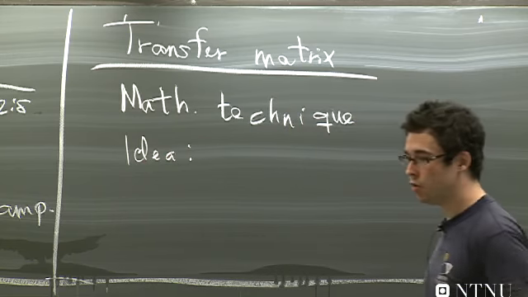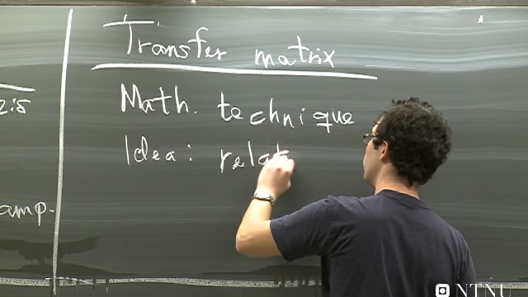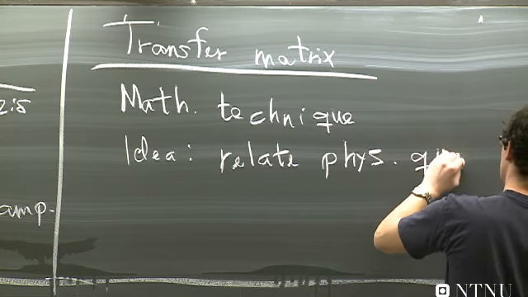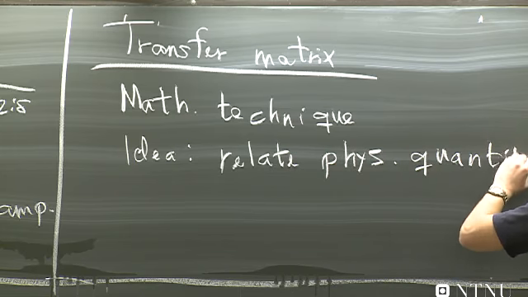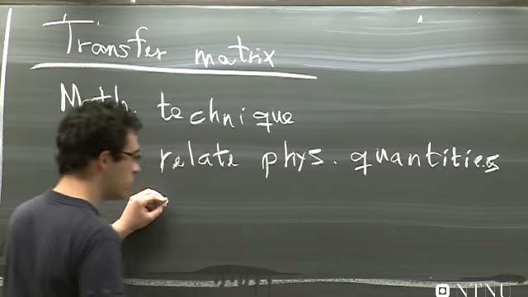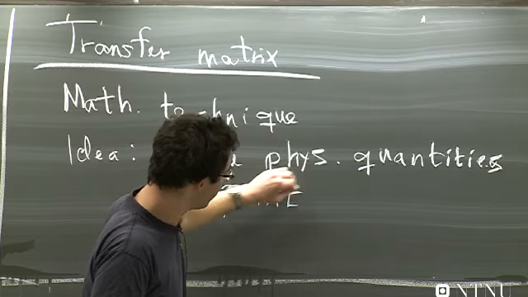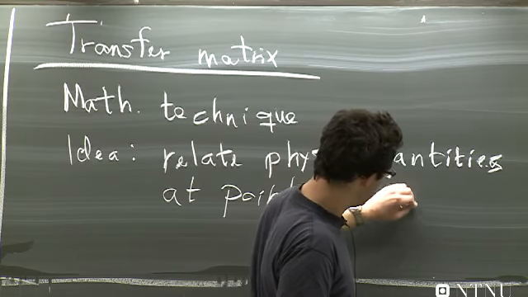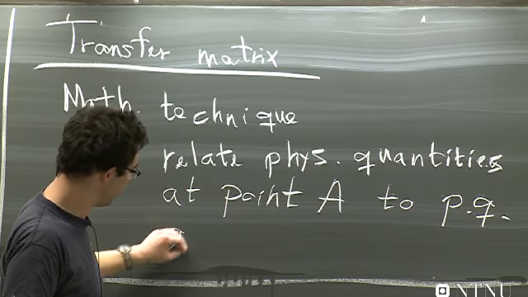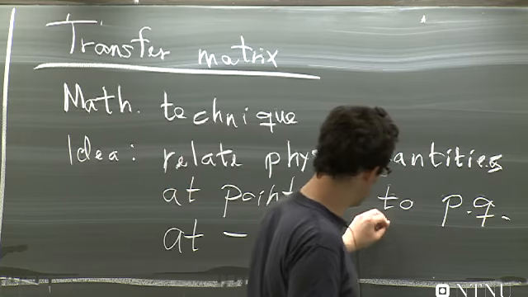The idea of transfer matrices is simply to relate physical quantities at one point, let's say point A, to the same physical quantities at point B by a matrix multiplication.